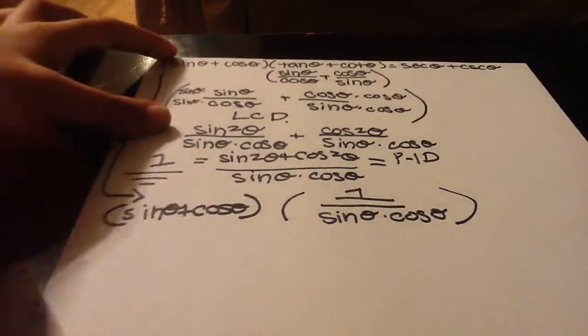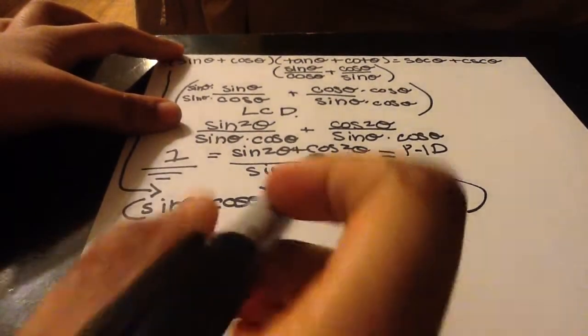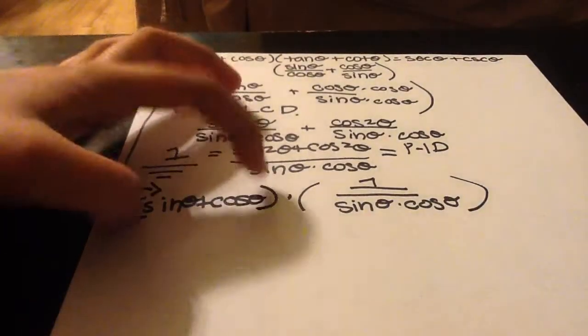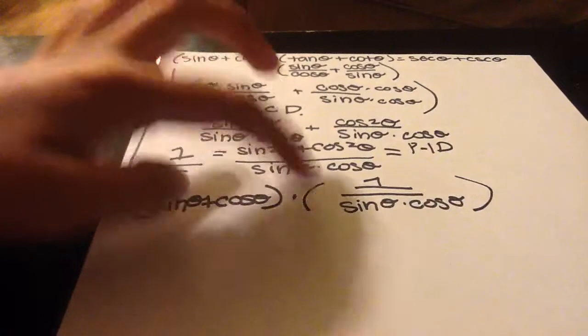So now I'm going to distribute this to this, or multiply, as you can say, because these two are multiplying.